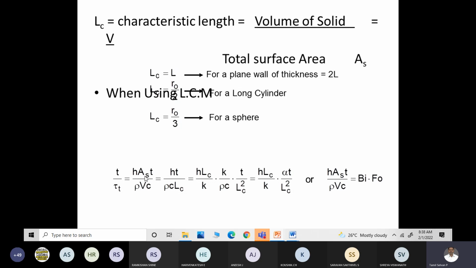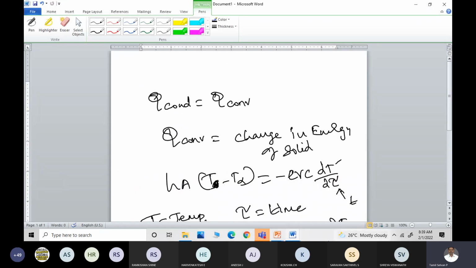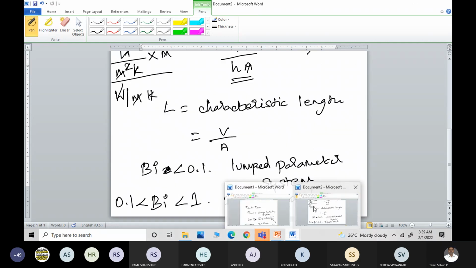Okay, this hA t divided by rho V C, it can be rewritten as, see, what is this hA t by rho V C? We have already got this expression here. Am I correct? Yes, sir.